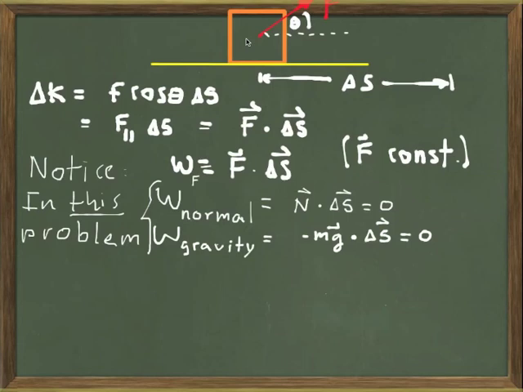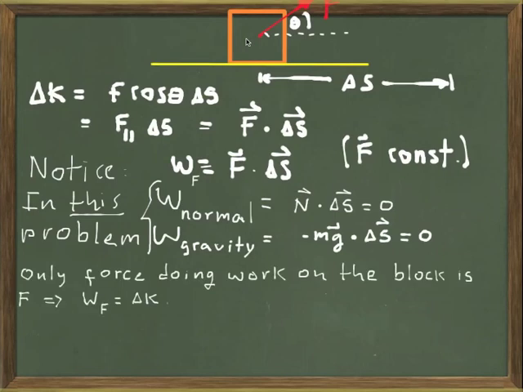So the dot product is 0 one more time. So in this problem that we're discussing, the only force that is doing work on that block is the force F, the applied force in the red vector up there. That's the only force that is doing work. And the amount of work that it does is equal to the change in the kinetic energy of the block.